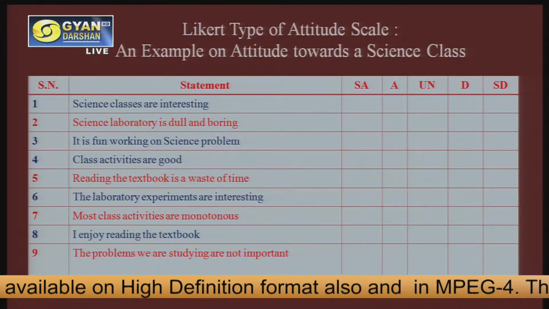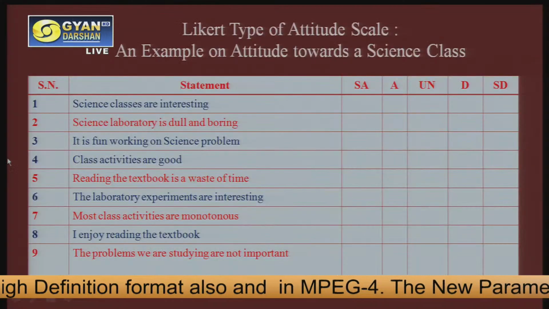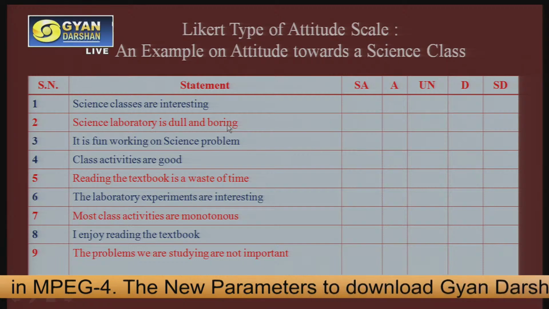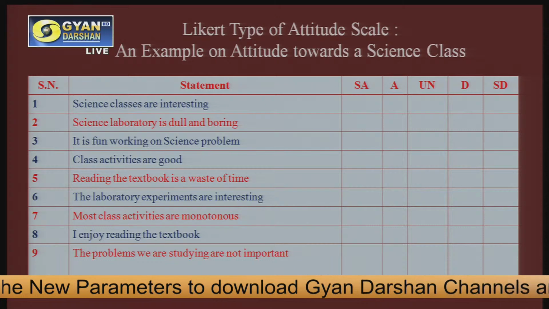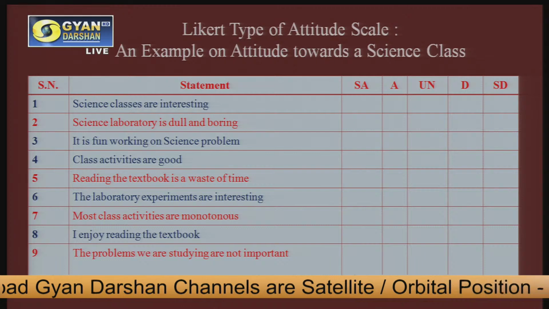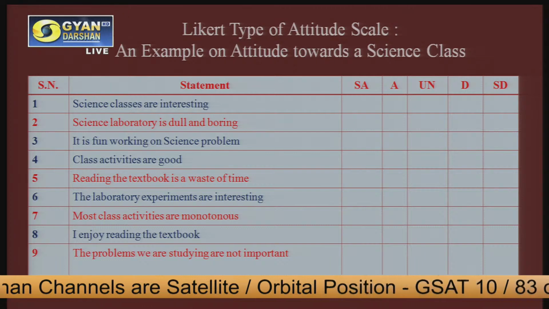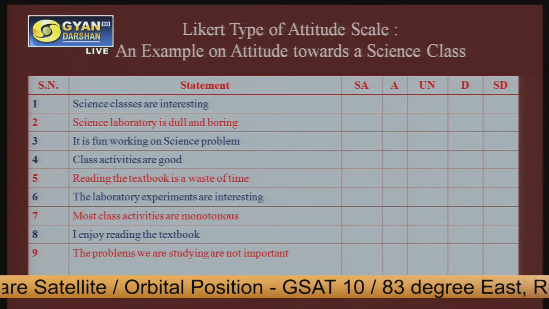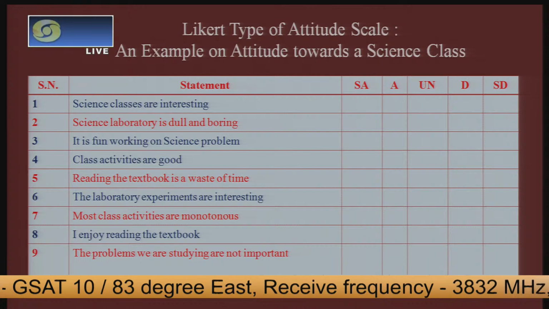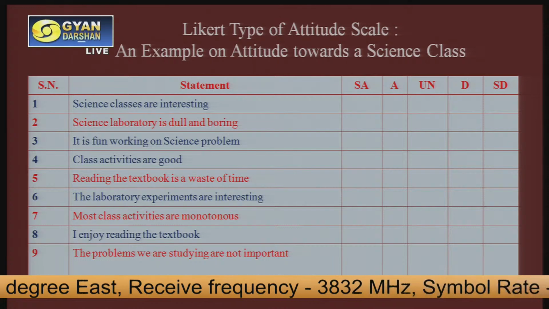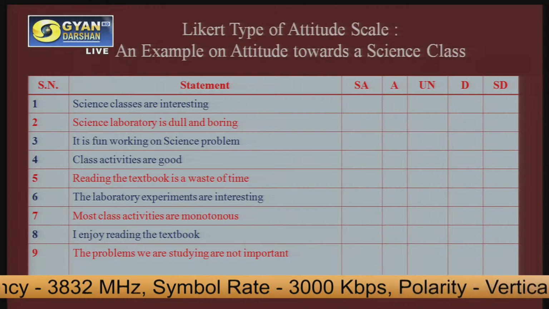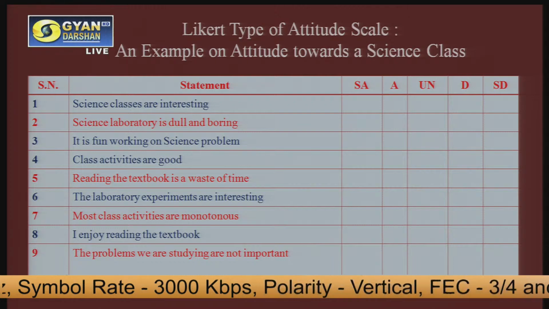And the second statement, which is a negative statement, is: science laboratory is dull and boring. So when I come to the second statement, which is negative, how will the researcher score it? In a negative statement, for strongly disagree, a higher score will be given, and for a positive statement, if the response is strongly agree, a higher score will be given.